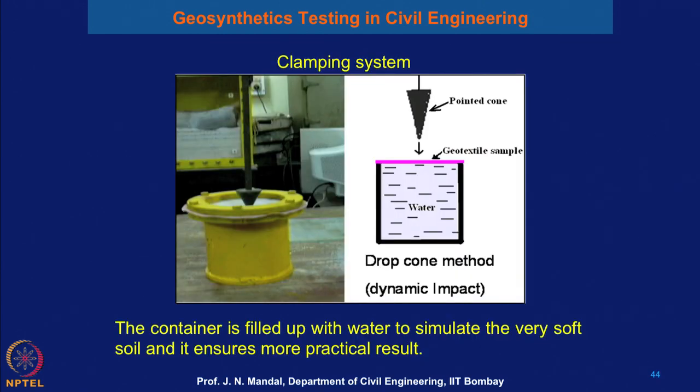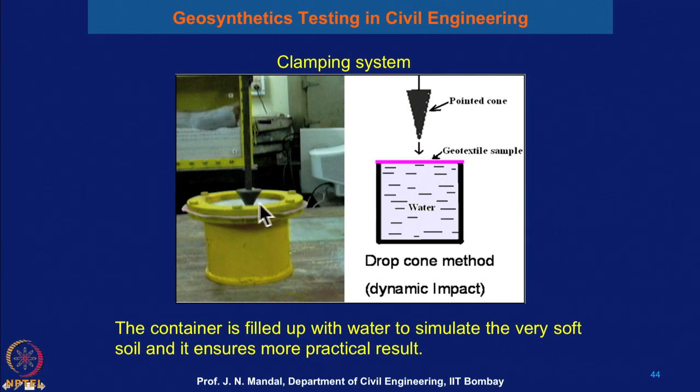Now, this is the type of equipment in which we perform this test. This is the container, a sieve mold, and this white color is the geotextile material.